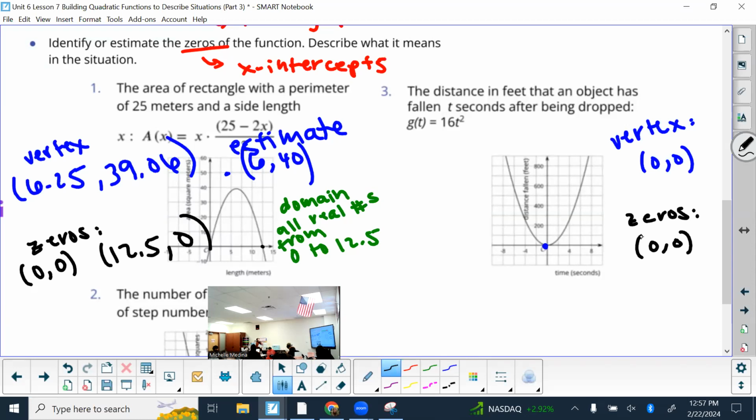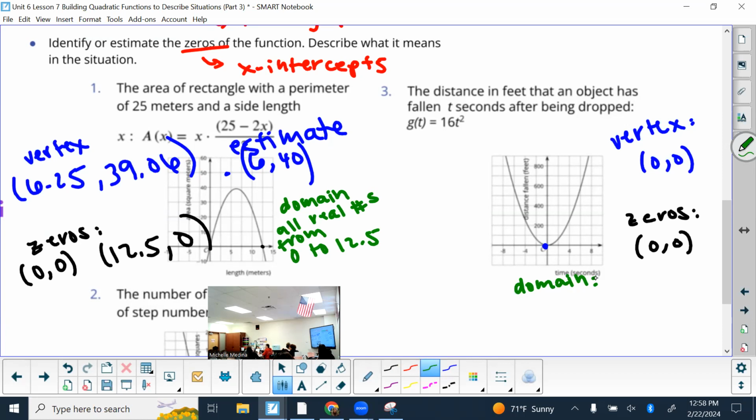Table 3. What's a reasonable domain for number 3? Can you tell me what the domain refers to, table 3? Well, now I've changed the question.